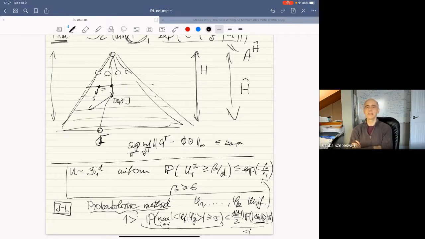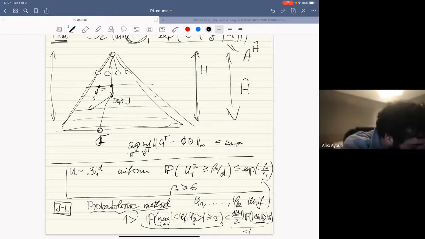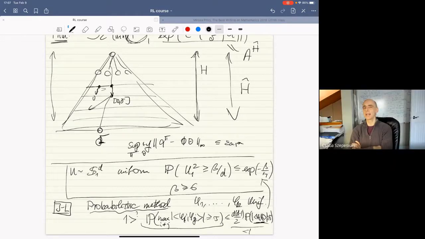Now you see that in a way you're not losing anything by insisting on controlling the infinity errors, because every algorithm is going to suffer this blow-up factor of square root of d. And the blow-up factor of square root of d was coming from the demand of trying to control the infinity errors. That was the price to pay, and it seems every algorithm is paying that price anyway. So what's the big deal?